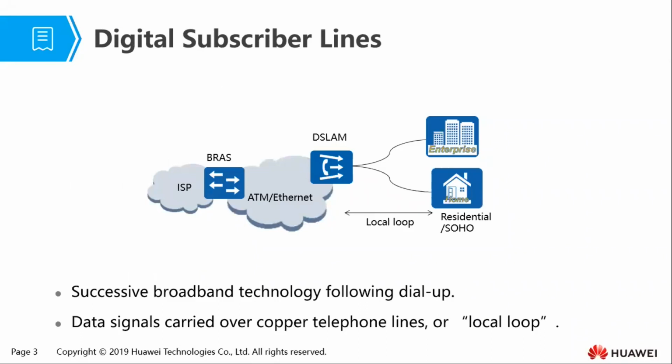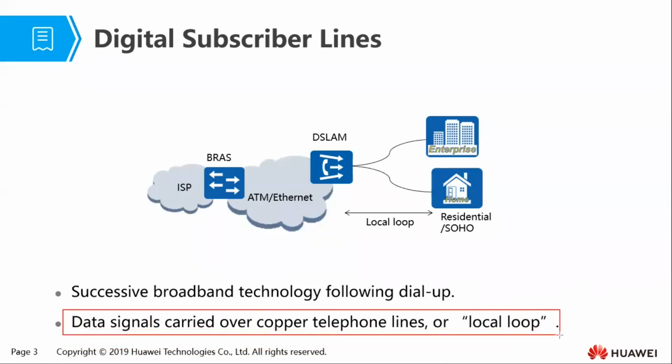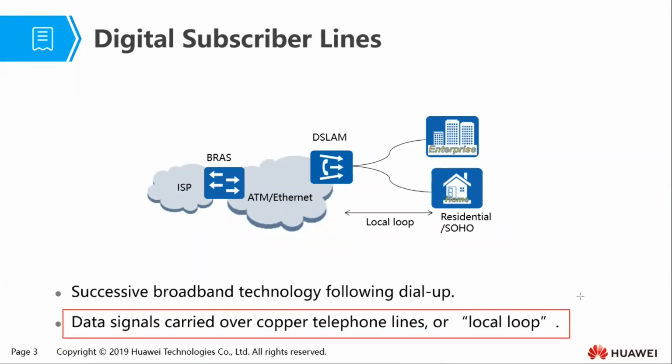So digital subscriber lines. With digital subscriber lines, data signals are carried over the copper telephone lines, also known as the local loop.